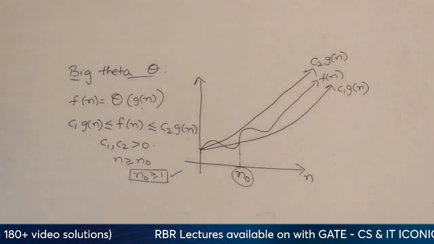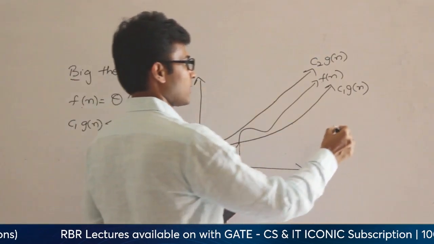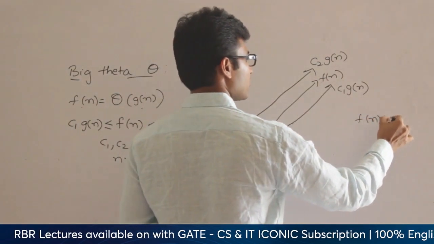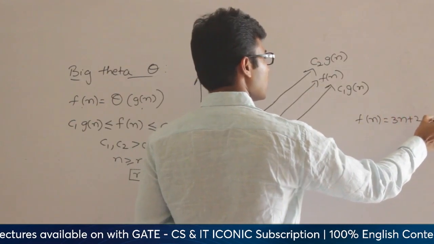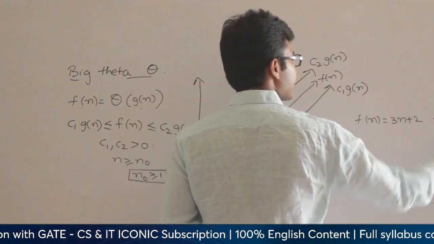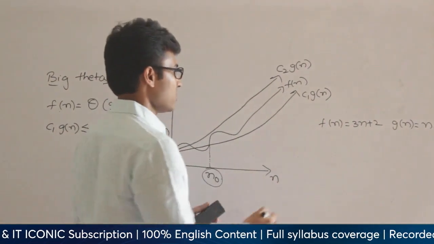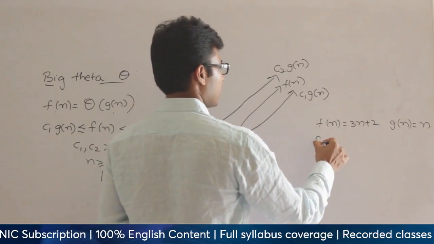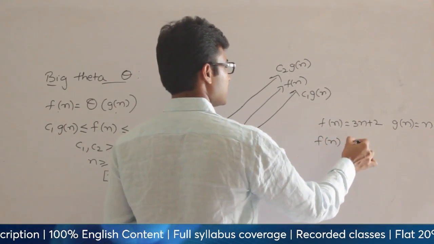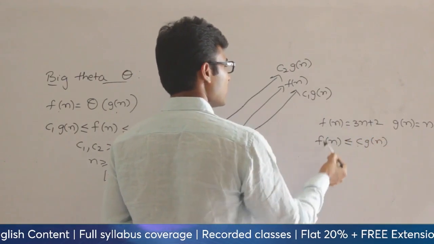So in the previous example, if you see, once we have taken this example, f of n equal to 3n plus 2 and g of n equal to n, right? And we have seen that f of n is less than or equal to c into g of n, where c equal to 4.